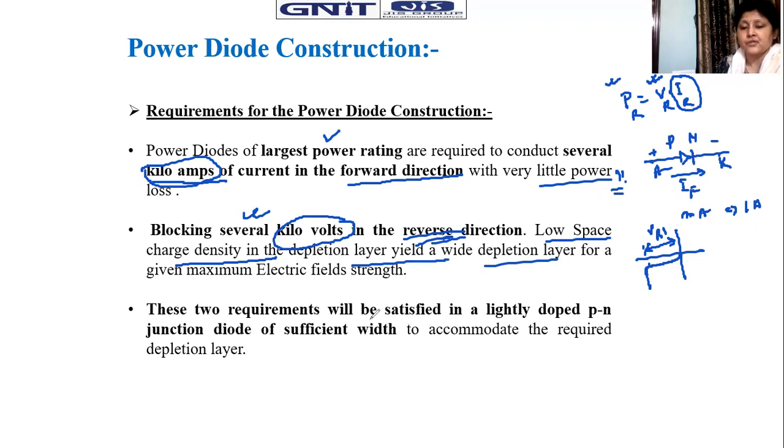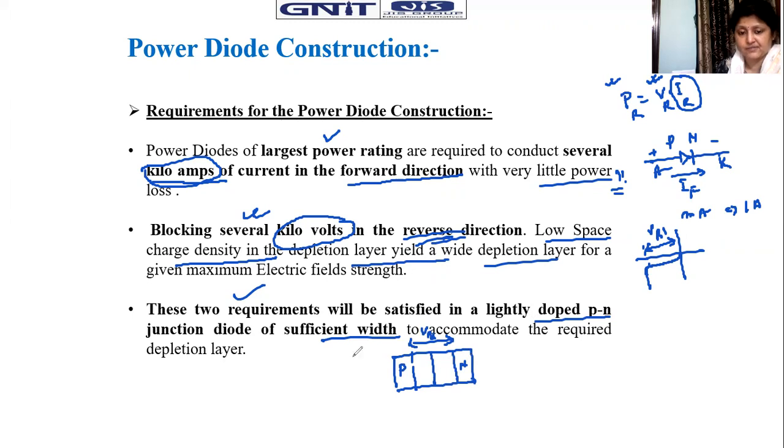Okay. So there are two requirements that will be satisfied in a lightly doped p-n junction diode of sufficient width. That means with a lightly doped p-n junction, it can block a huge amount of voltage, so the blocking voltage will be high. It is only possible while it is very lightly doped.